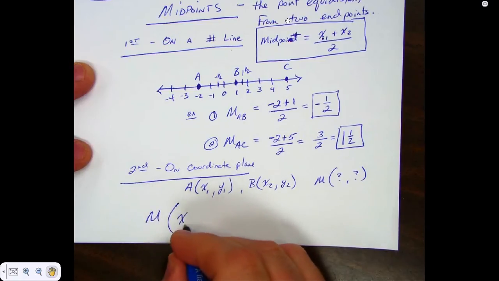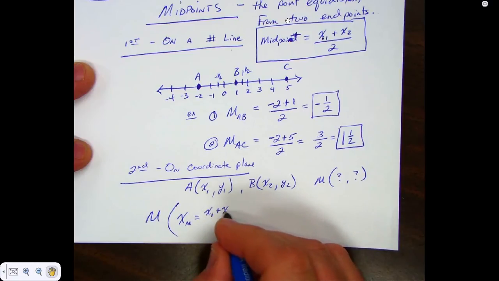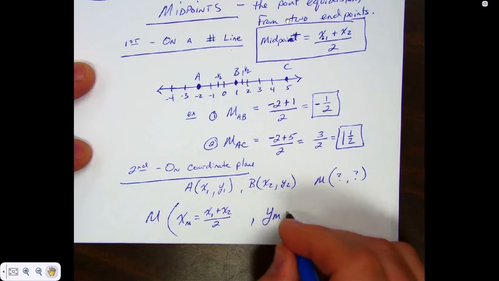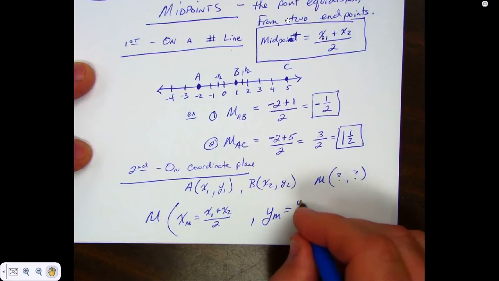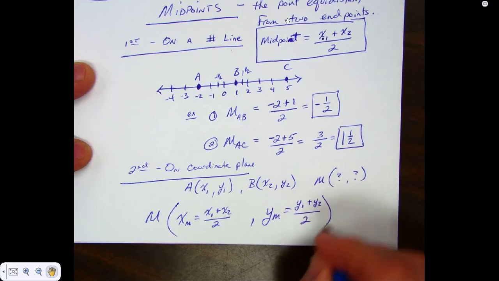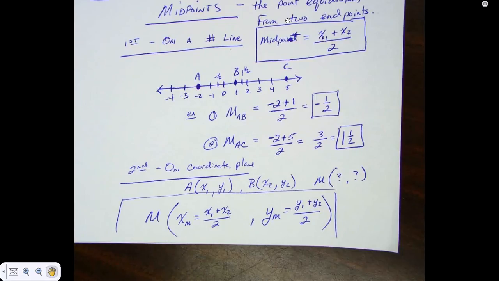The x-coordinate of the midpoint is equal to the x's added together divided by what? The y-coordinate of our midpoint is equal to, what do you think? The y's added together divided by 2. There is your formula right there. You add the x's of the endpoints and divide by 2. That's simple.